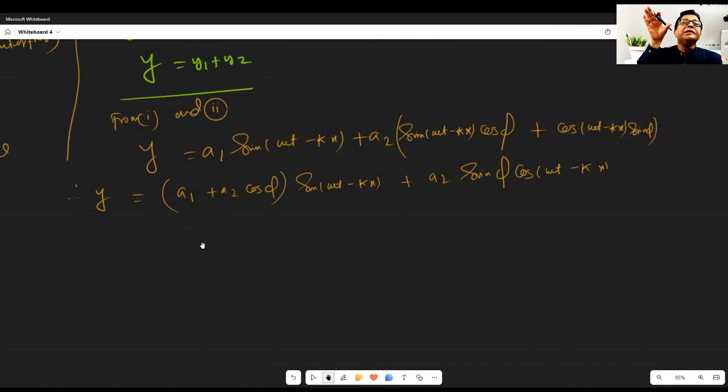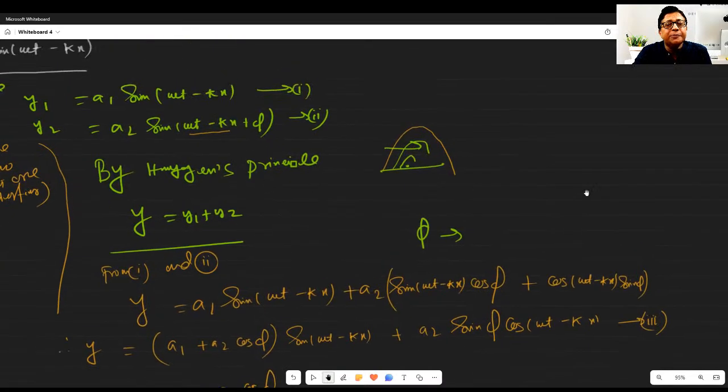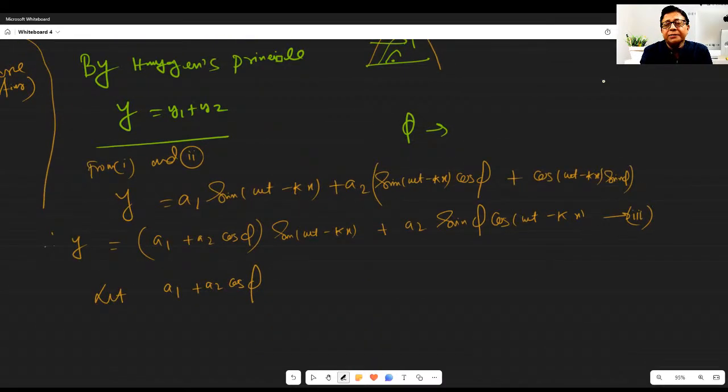But we want to see it in terms of a single sine or cosine term. So our effort will be accordingly. In this equation number 3, we are taking, let a1 plus a2 cos phi. What does phi stand for here? You all can understand, phi is the phase difference. Just observe these two equations.